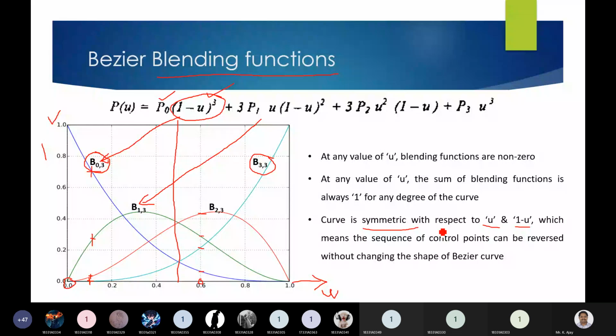Similarly, rather than picking those points in this sequence, you can pick the sequence another way, like P3 as the first point, P2 as the second point, P1 as the third point, P0 as the fourth point. The sequence has changed, but still the overall shape would be the same. Why? Because of this symmetric property of the blending functions. Okay. Now let us try to solve an example.